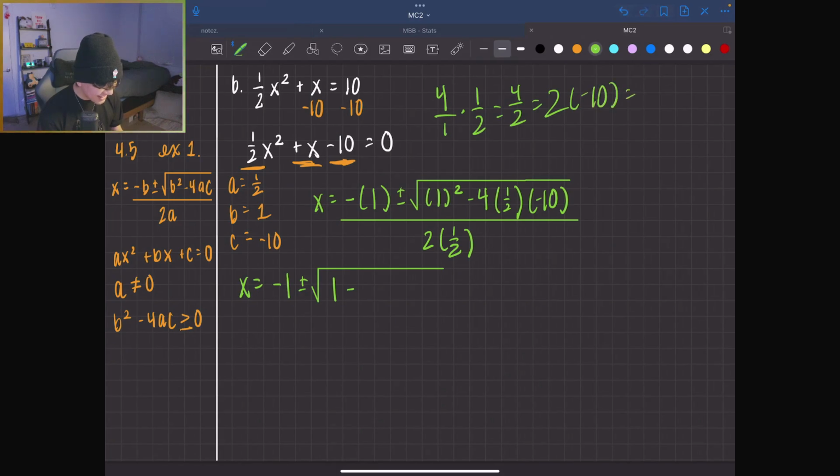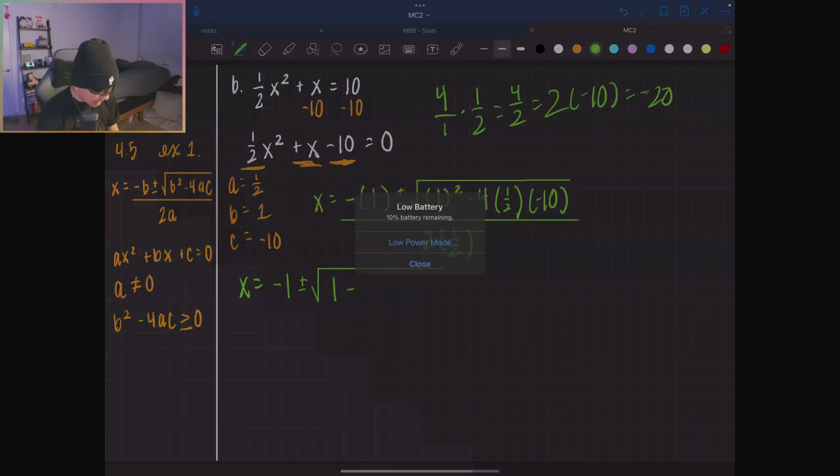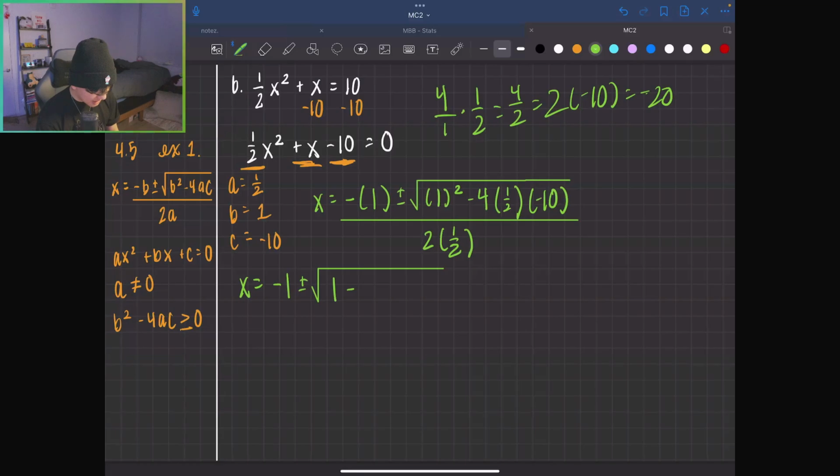And 2 times -10 is -20. All right. So now we have 1 minus -20, all over 2 times 1/2. Well, 2 times 1/2 is just 2 over 2, which is just 1.